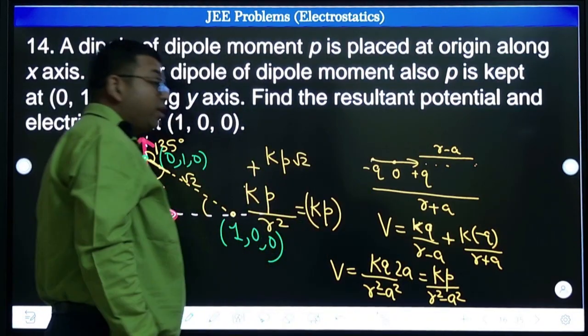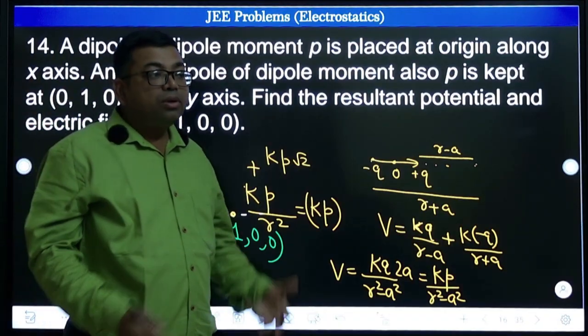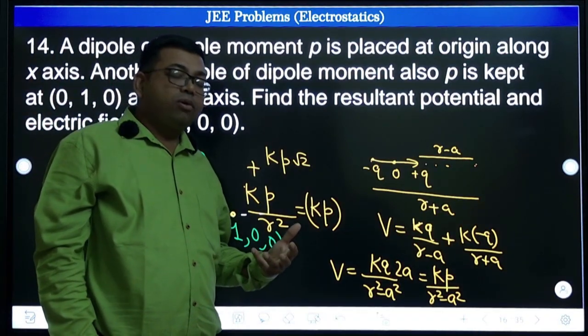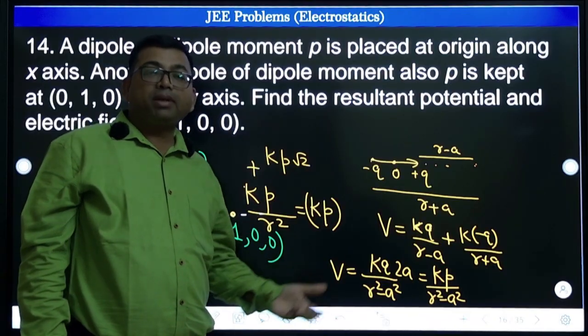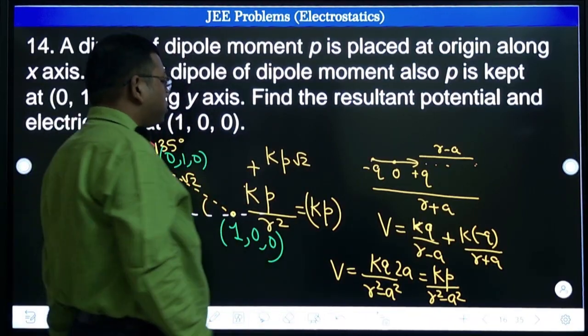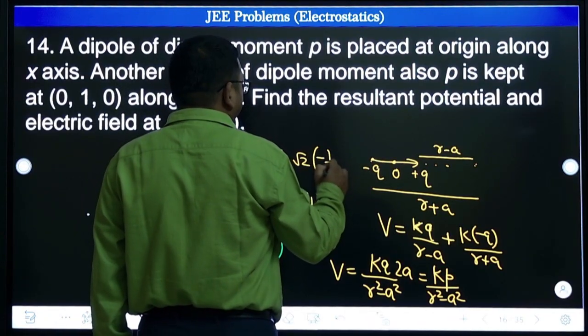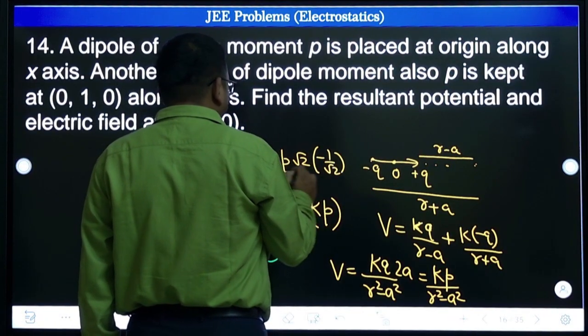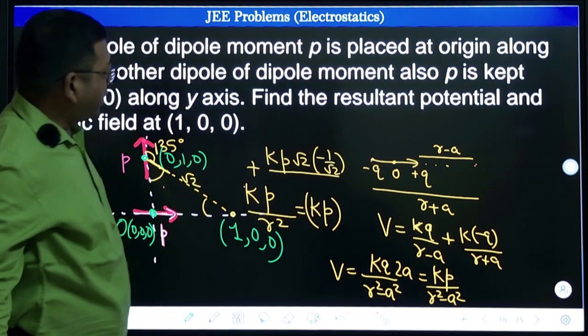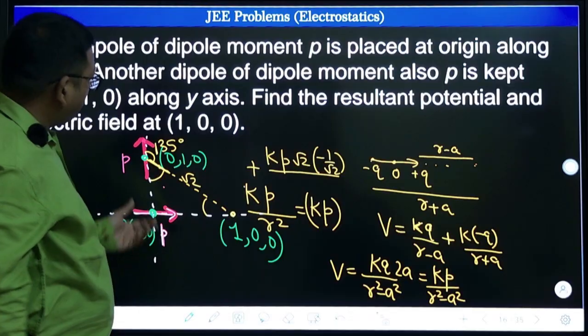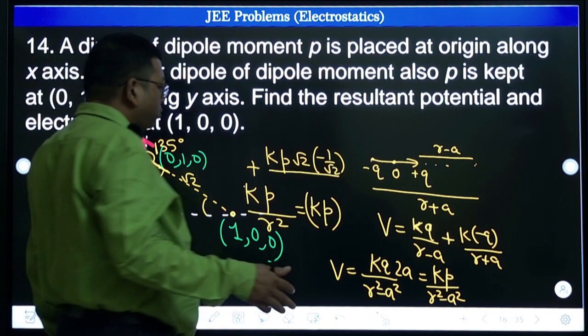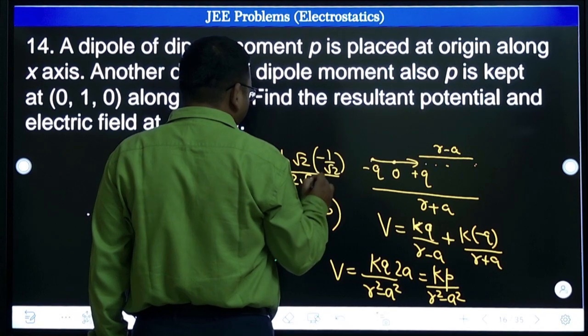Cos of 135 we should know. Of course it will be negative: cos of 90 plus 45, so minus 1 by root 2. Minus 1 by root 2 it will come, right? Then r cube: this r is root 2, so root 2 cube means 2 root 2.